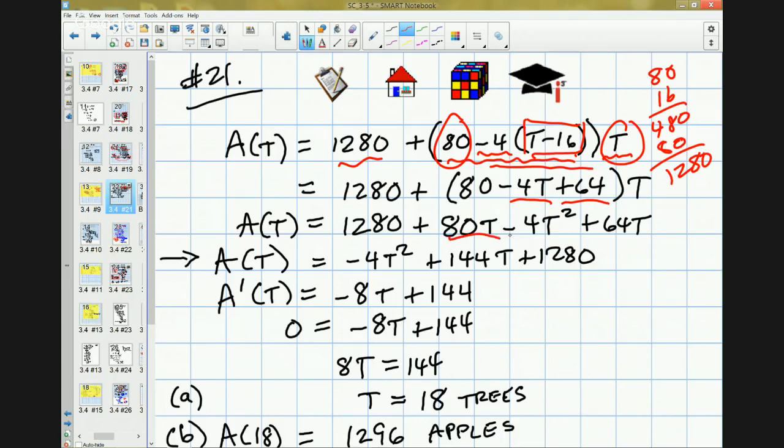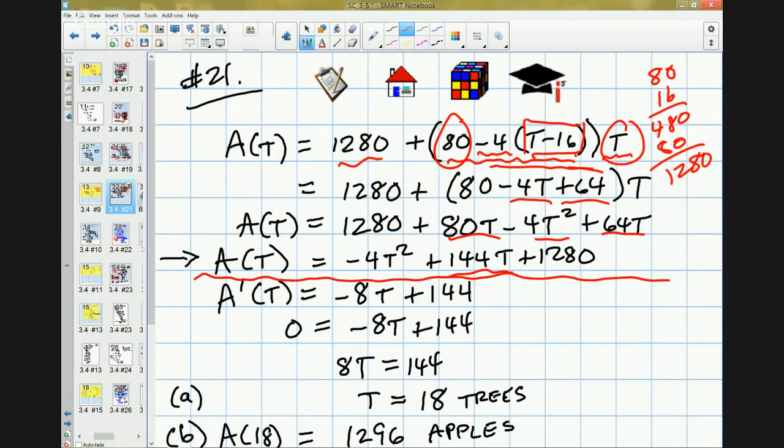I combined them later. So anyway, multiply that whole expression by t. 80 times t, negative 4t times t, and 64 times t. Now I combine the two, 80t and 64t, into 144t. So I finally have my expression for how much of a yield we're going to get. There's my function.